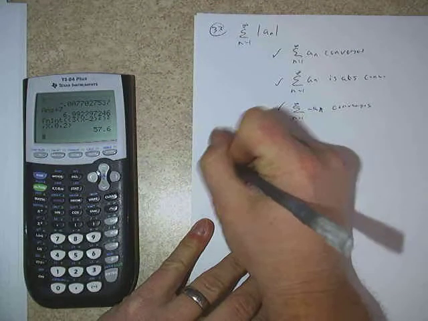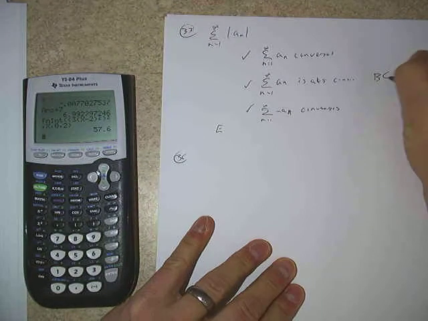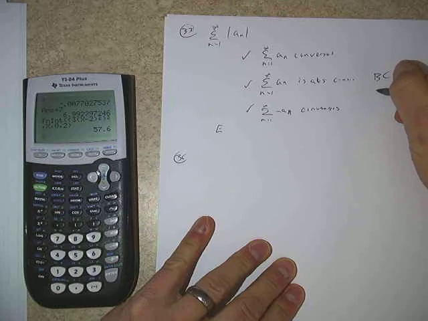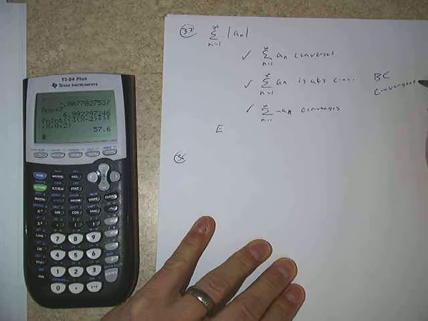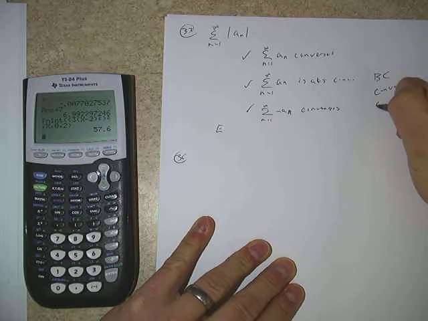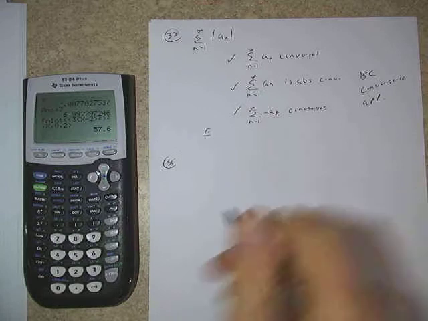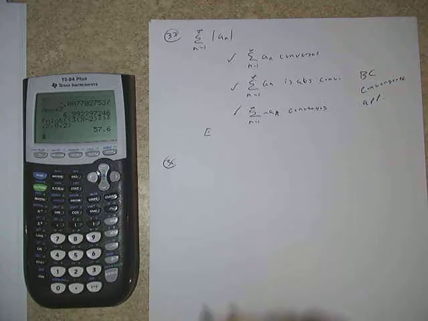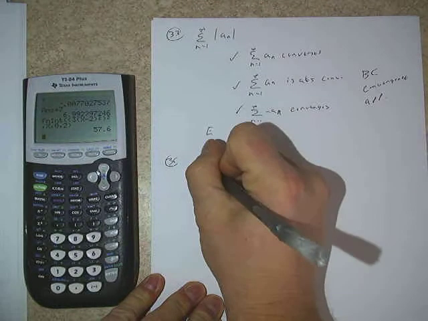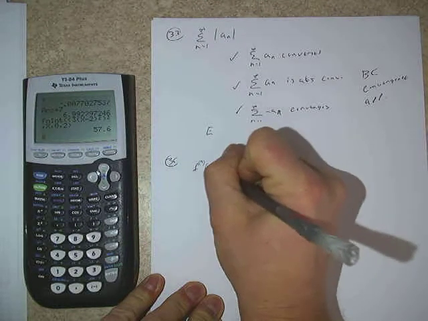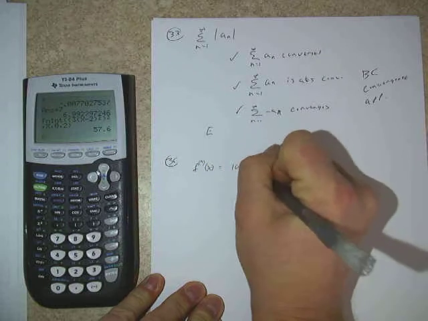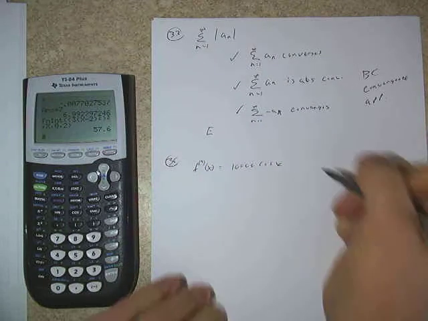Number 36, and just for the record, that would be a BC problem, convergence. It says let f be a function whose seventh derivative is 10,000 cosine x.